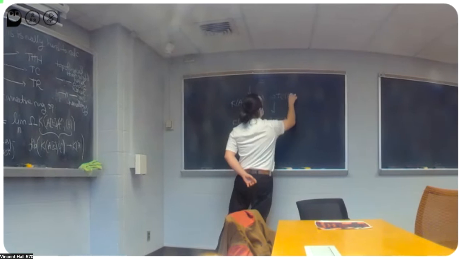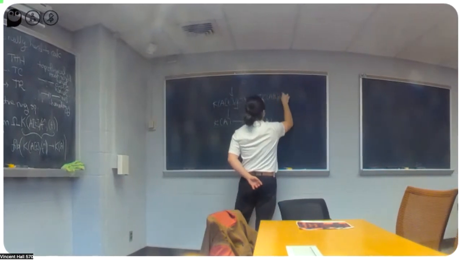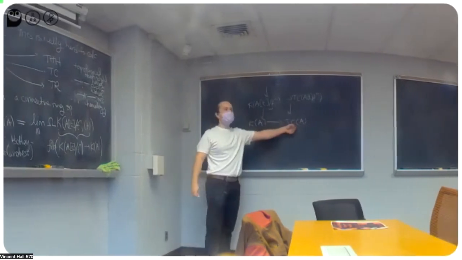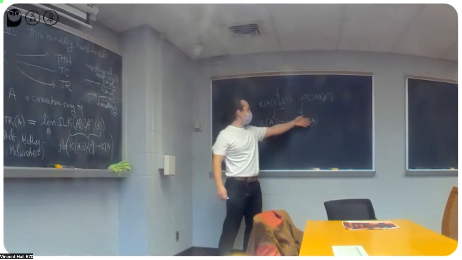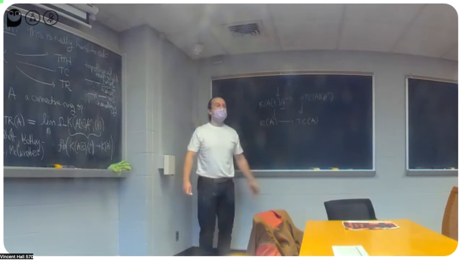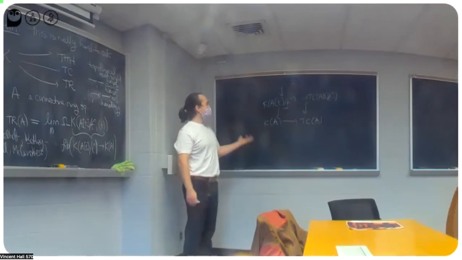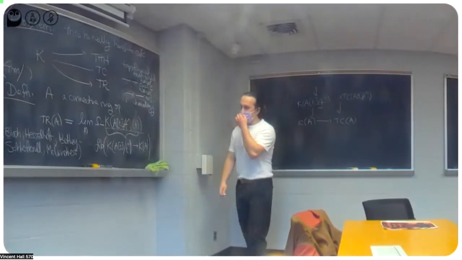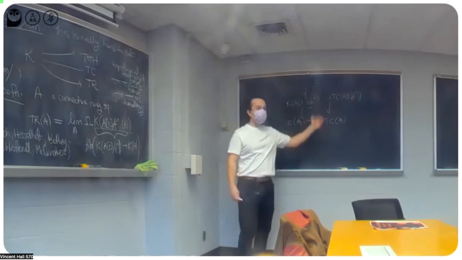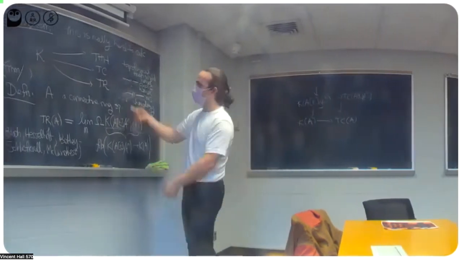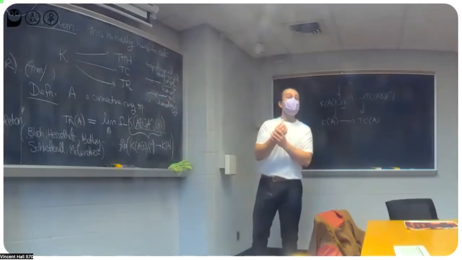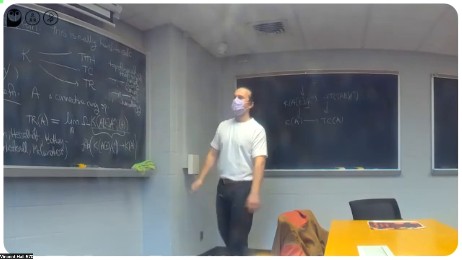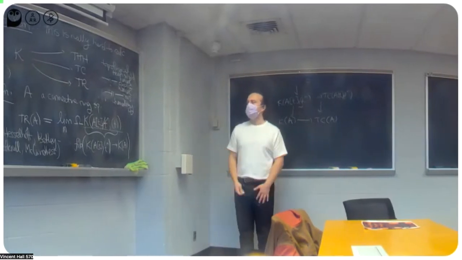But again, I think Tyler's point is correct in the sense that you need to understand TC of A as input, maybe, to do this calculation here. It's kind of a weird question, because this secretly is topological cyclic homology. And I'm using another really big theorem to identify this thing with TC. So maybe if you were really good at TC calculations, this is easy, but I don't know. It's a little hard to say.